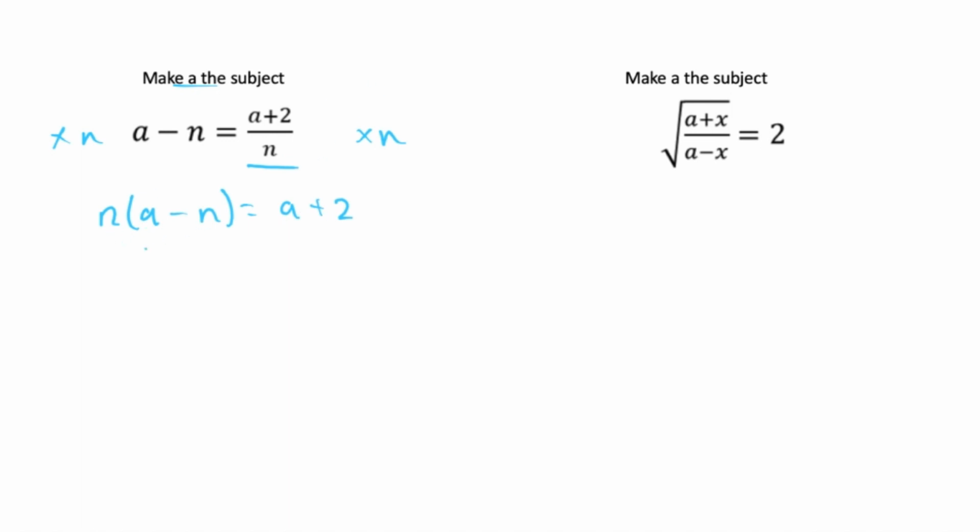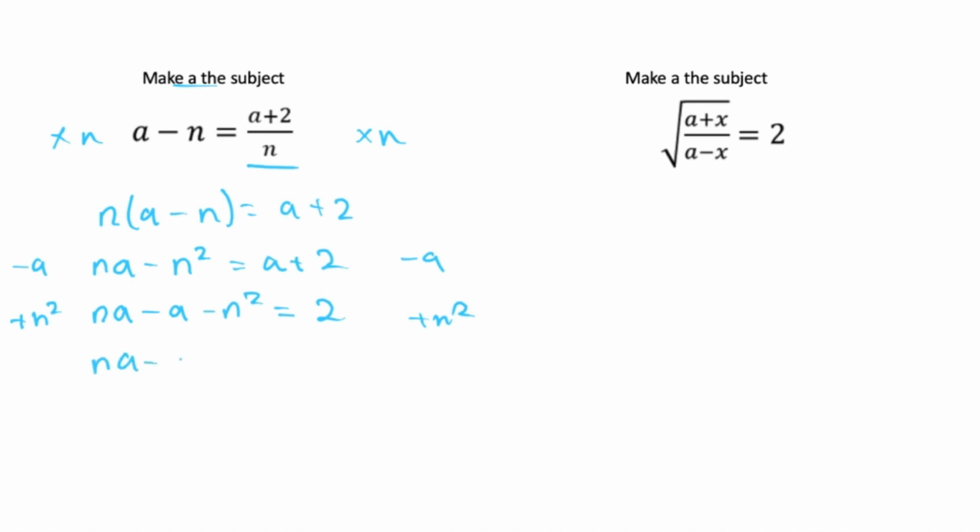Then you expand these brackets, which will give you na minus n squared equals a plus 2. And then you put the a's on the same side by subtracting a on both sides of the equation. So na minus a equals 2. Then you move the n squared, you add n squared to both sides of the equation.